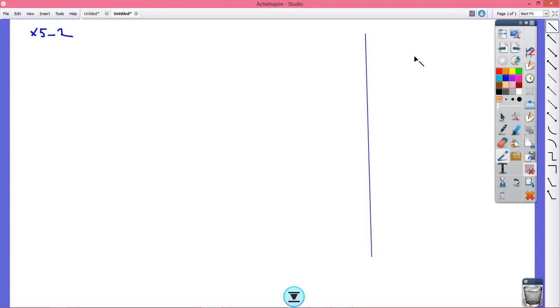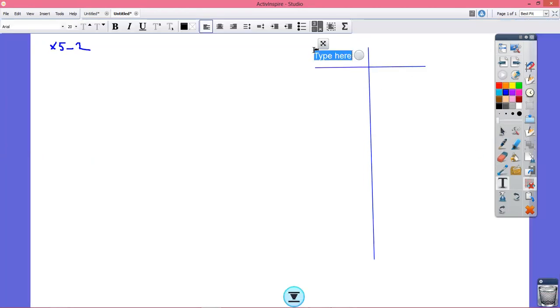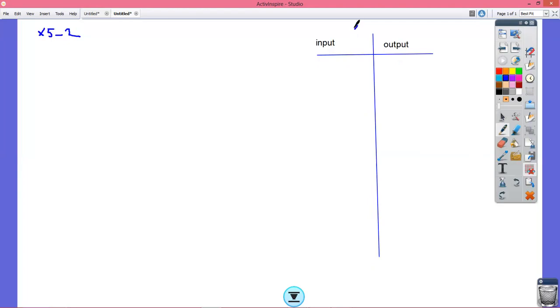Here, let's say we are going to say input, and this side will be output. Now our function is x multiplying by 5 and subtracting 2.